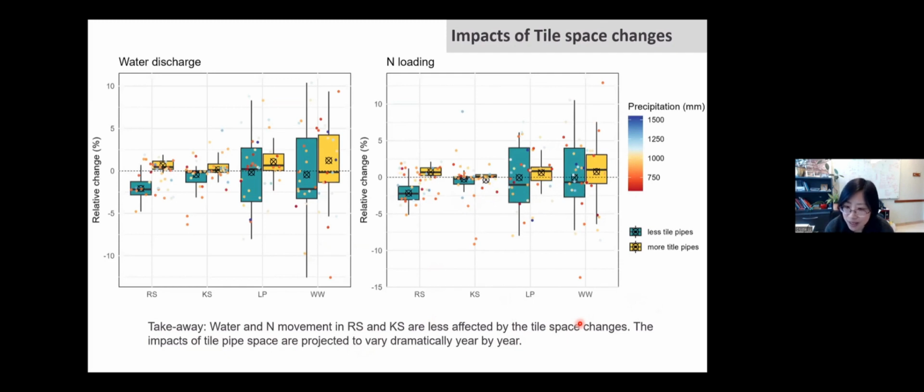One is that RS and KS have only half of the land area tile drained, while the other two catchments have nearly 90% of the land area tile drained. Second, RS and KS have depressional storage that could help provide extra water retention capability, and a large proportion of this water retention will gradually enter tile drainage. So we think the tile capacity may matter less in these two catchments.